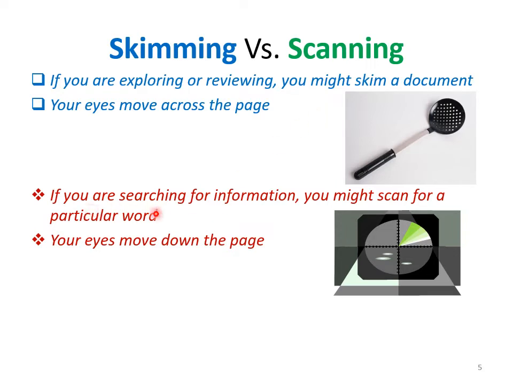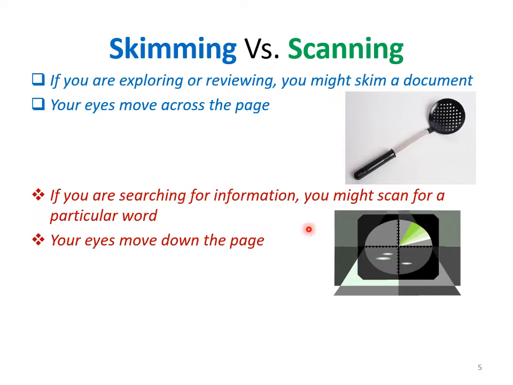If you are searching for information, you might scan for a particular word. Your eyes move down the page. You might have done this on many occasions. If you are quickly reading through skimming, you go from left to right, and if you are looking for a word or for a date, you might have seen that you start from the top of the page and you go sometimes zigzag down the page.